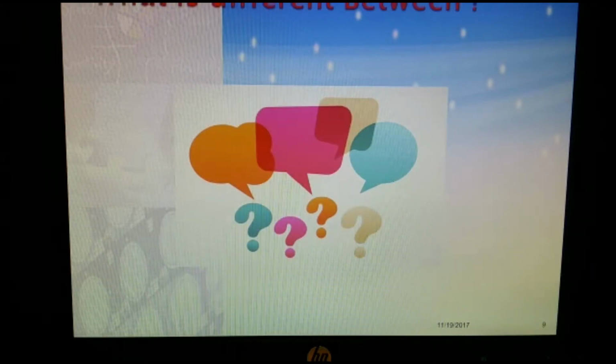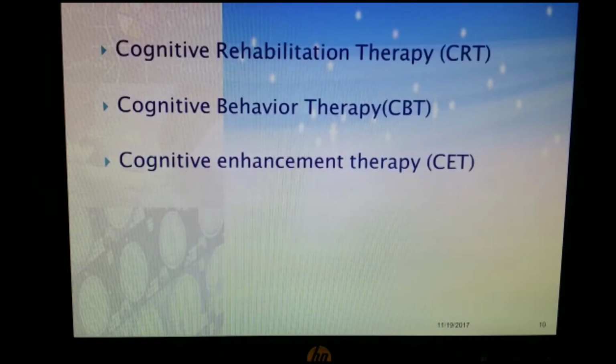Now, I just want you to differentiate and be aware, whenever you read about cognitive rehab therapy or about cognition in general, of the different terms, because there are different terms which are almost similar in spelling. It's a bit confusing, but it's relevant to recognize the difference between these terms.